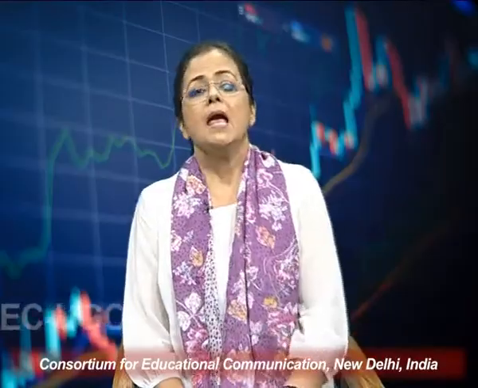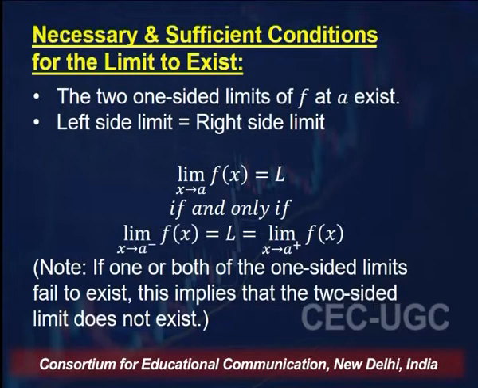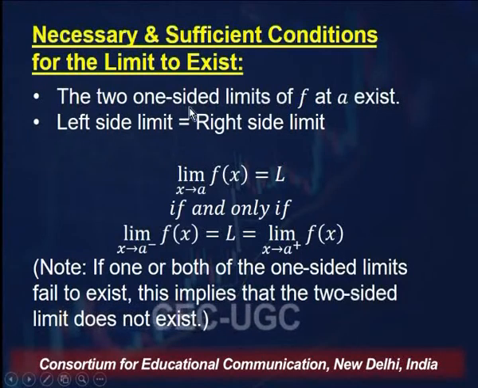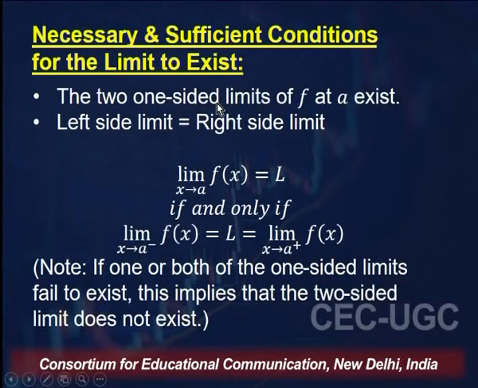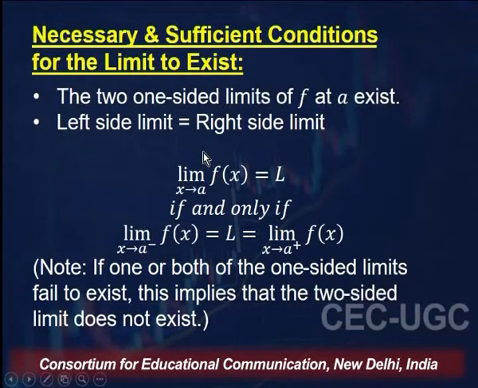Now note here, it is quite possible that one or both of the one-sided limits may fail to exist. If that happens, that will totally violate this first condition itself. If either one or both of the one-sided limits fail to exist, then you can't talk of the existence of the two-sided limit. Both one-sided limits must exist, and the second condition must also be satisfied, that the two have to be equal.